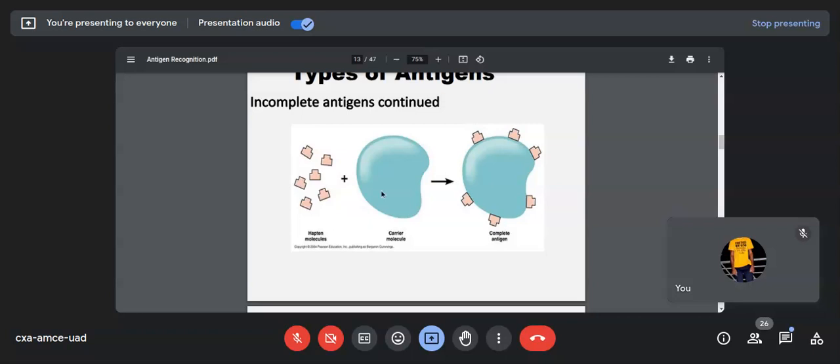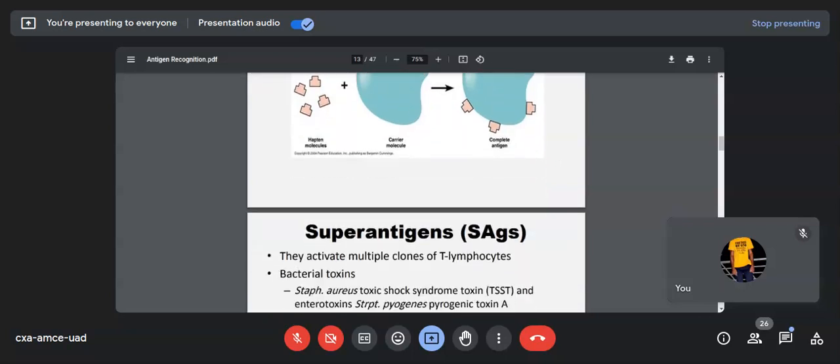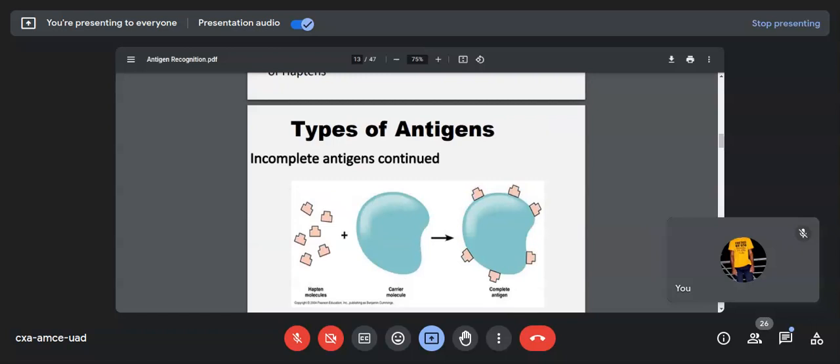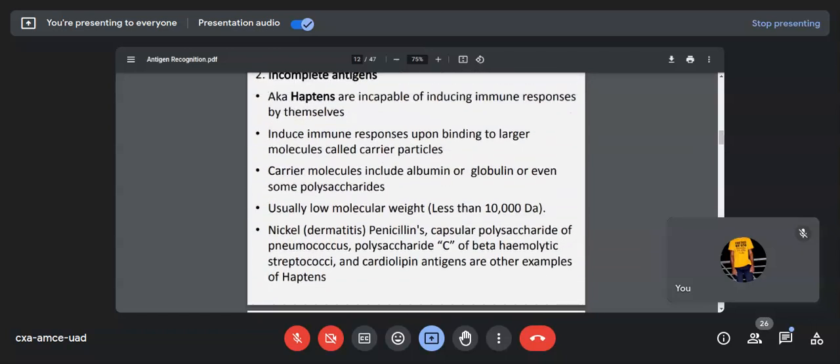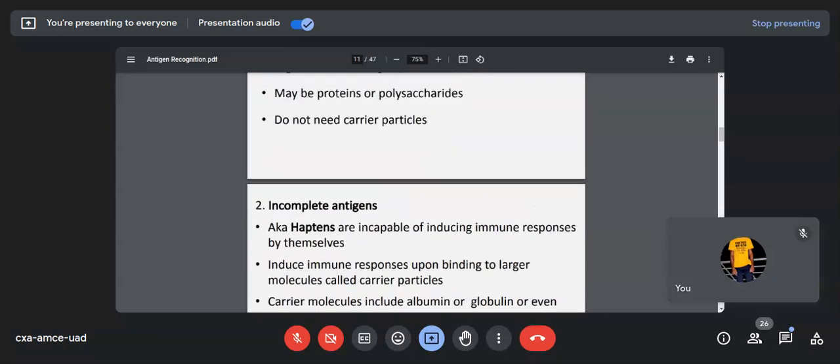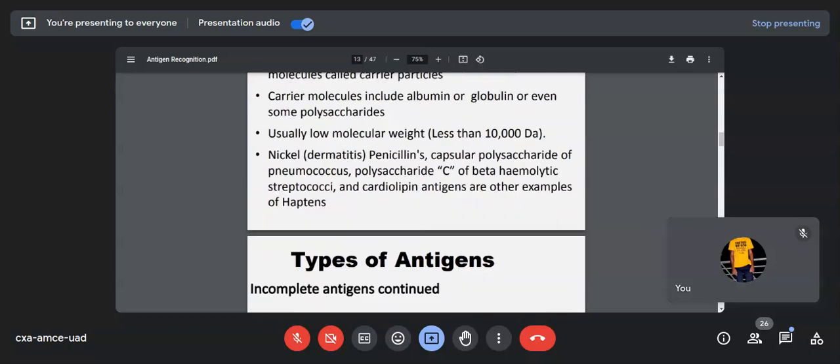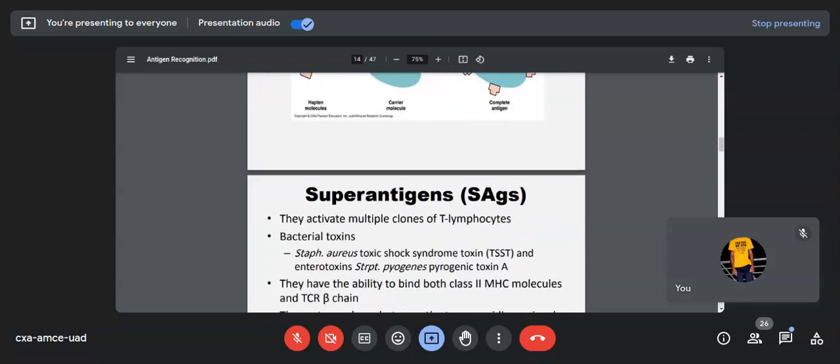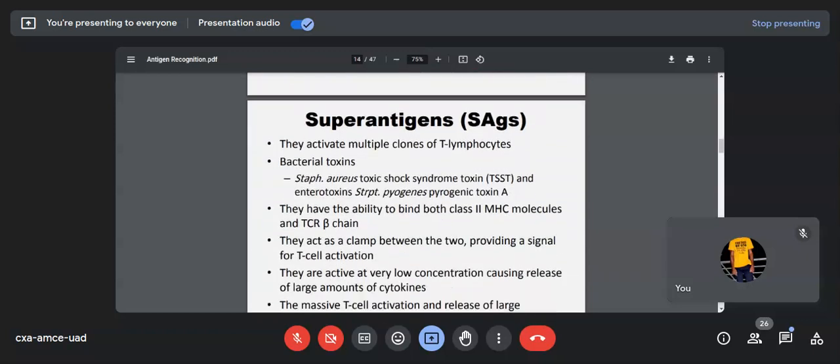I've added a big thing to my hapten to make up this molecule there. I hope you're getting this point, very important. So that's the classification with regards to how immunogenic a molecule is.